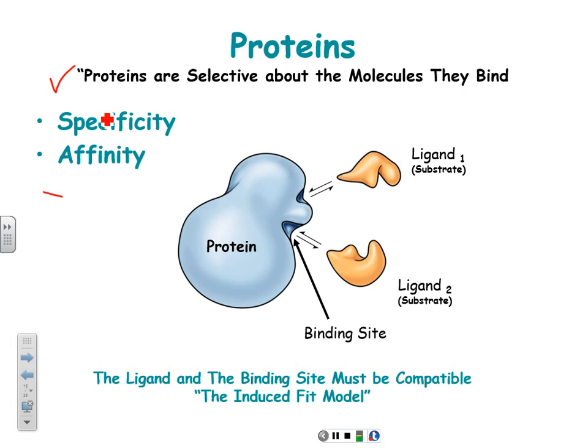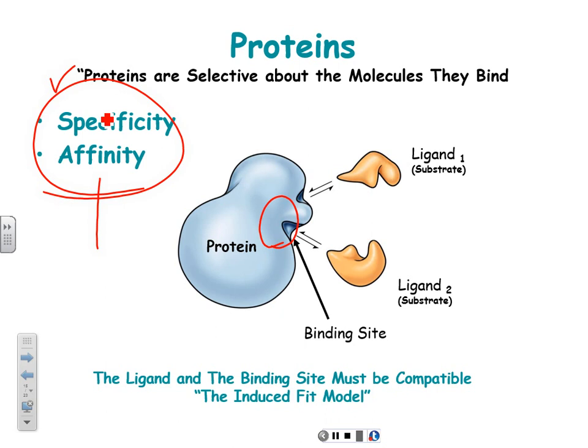Proteins exhibit specificity and affinity, right? I want you to know that. Proteins exhibit specificity and affinity, meaning proteins are selective about the molecules that they bind with, right? Proteins are selective. Look at this. This is an active site.